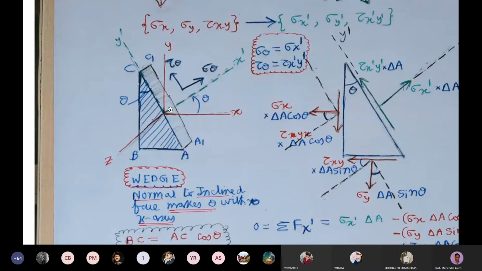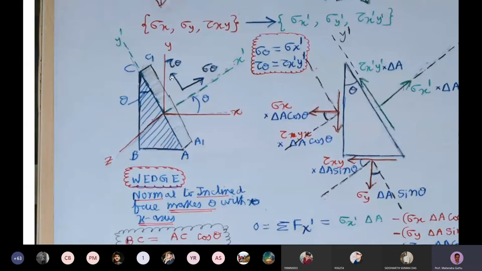Okay. So we'll define two components on this inclined surface. One is the normal stress component, and the other one is the shear stress component. The normal stress component we will denote by sigma theta, and the shear stress component by tau theta. If you look carefully, tau theta is acting up the incline.